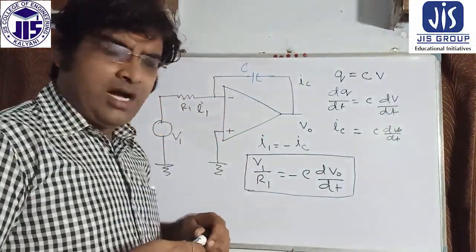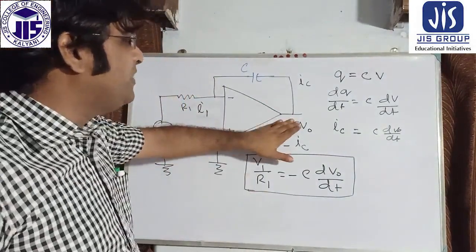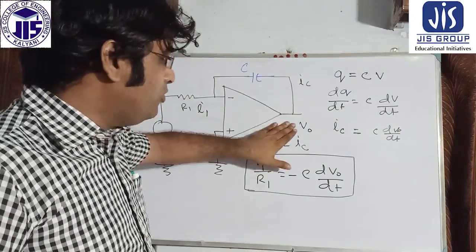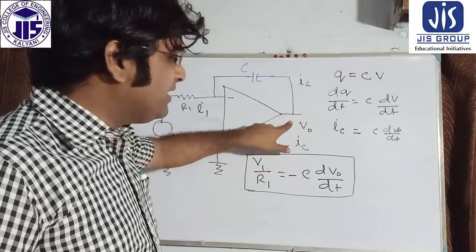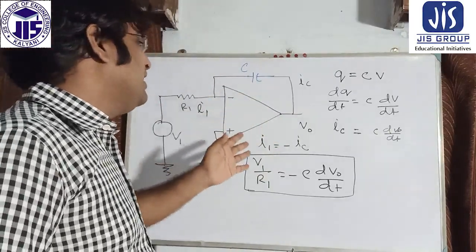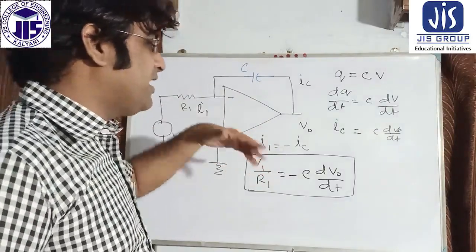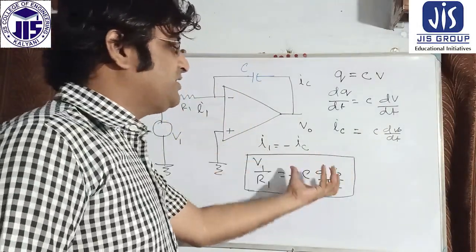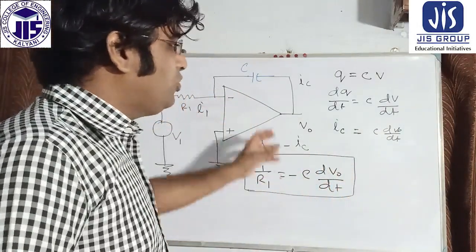Whatever our aim is, we want to find the V0 expression. In the previous case we also found the V0 expression and got the result that the input is differentiated. Now there is a differentiation term coming.